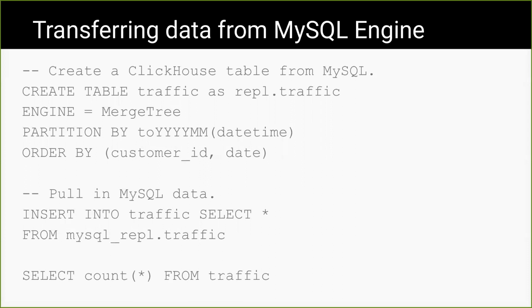Here we do a select, and we're basically going to insert that into our new traffic table. If you then do a count on that, you'll see that there are 10,000 rows. That's really straightforward if you want to move data. If you want to move a large amount of data, of course, it'll take a little while. I'll show you some techniques for how to do that in just a minute.